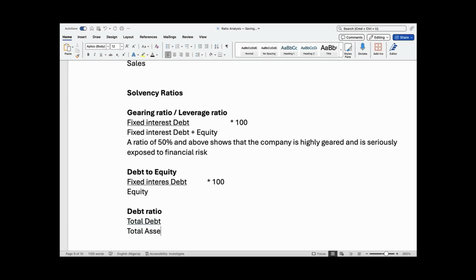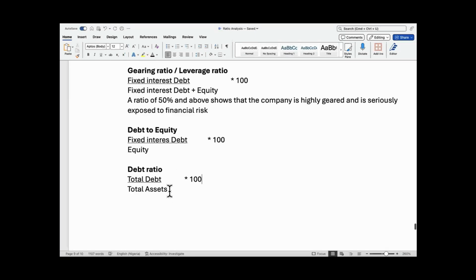So this one, you are allowed to use your current and non-current liabilities, add them together, and put them over your current and non-current assets, to see what proportion of your assets is made up of debts. But for these other ones, we need you to use just the fixed interest debts, not just any debts. Don't go and be using provisions or deferred tax. No, we need you to be very specific regarding the debt you can use.